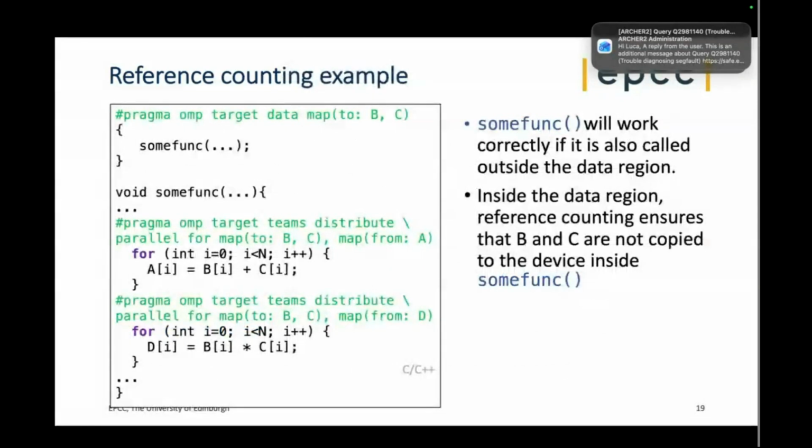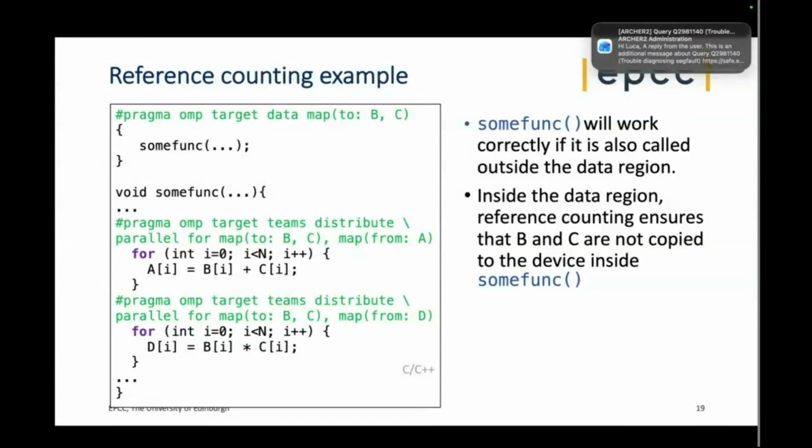Okay, so here is an example. In this example we have a target data region where we're mapping the B and C arrays to the GPU, and then we call some function.